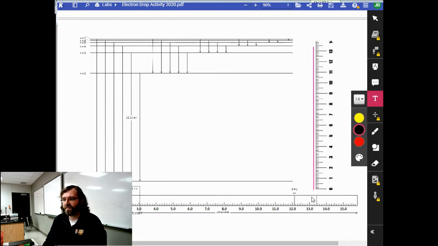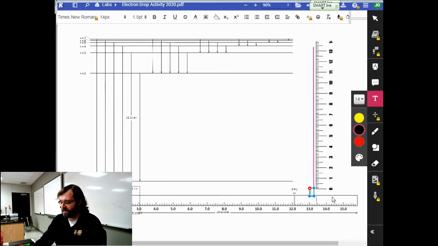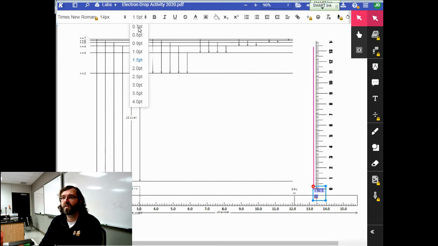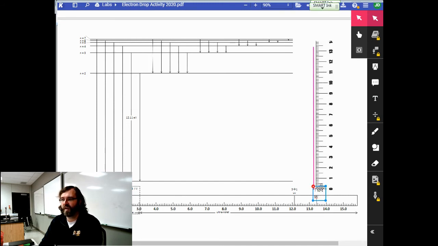I can enter text to say that was a 7 to 1 transition, and that would be in the ultraviolet range. I can make the text smaller as well, and then it'll fit better. I'd probably make it smaller than that even.